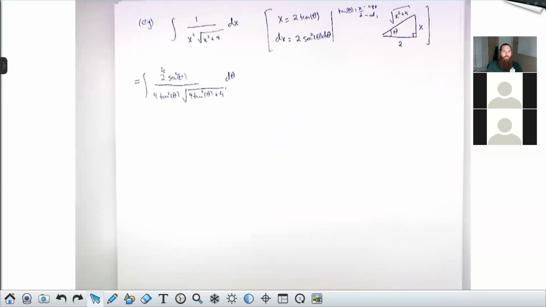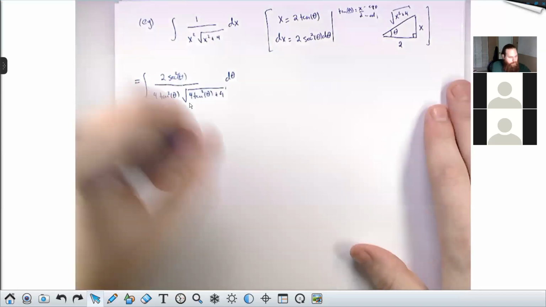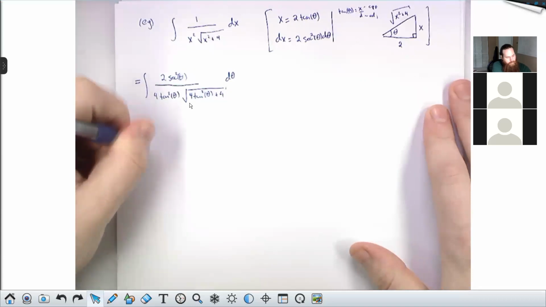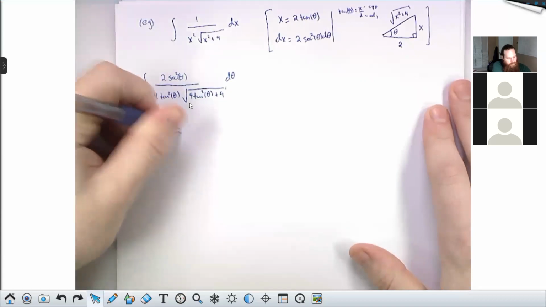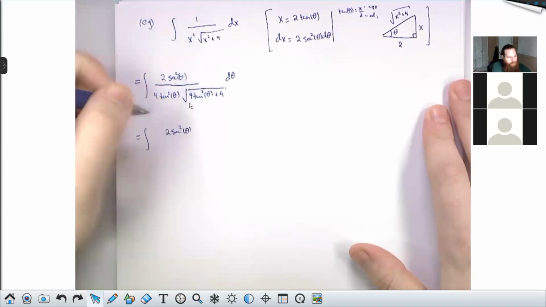Okay, so the differential term I put up here to try and save a little bit of space. This square root is what I'm trying to simplify. To do that, I'm going to factor the 4 inside the square root. So I'll have 2 secant squared theta upstairs.